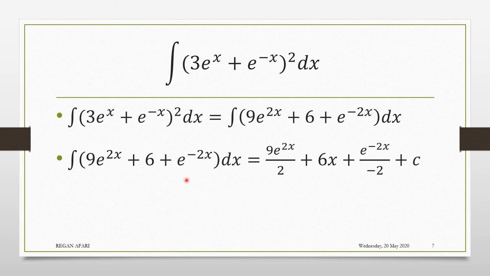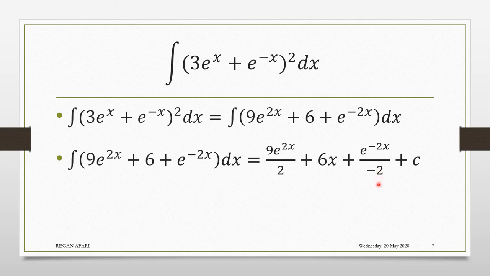So remember this 9, we have e raised to the power 2x, so these two come and divide. Now 6 is there, we are integrating with respect to x, that's why we have dx, so that becomes 6x. When you integrate a constant, you get a function. Then this is -2, so we divide by -2.